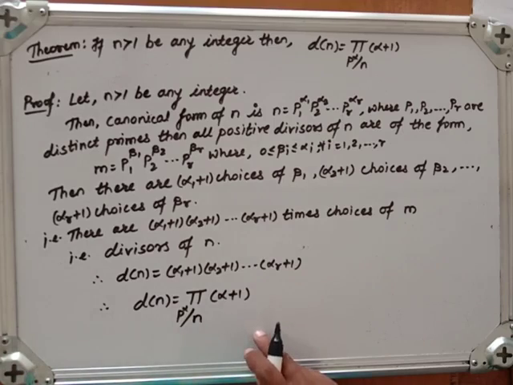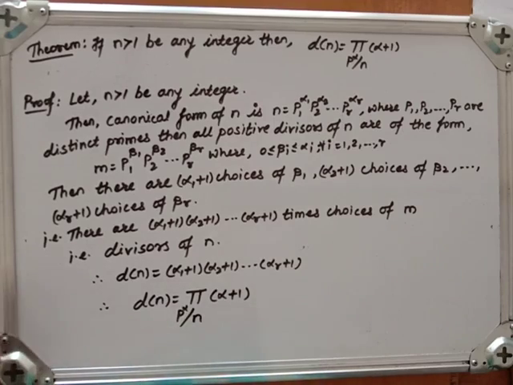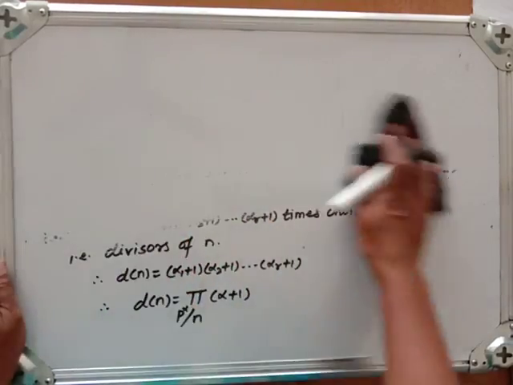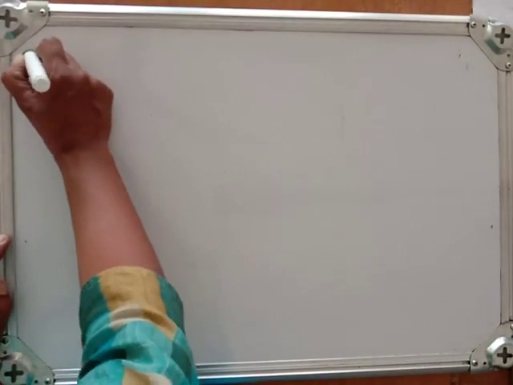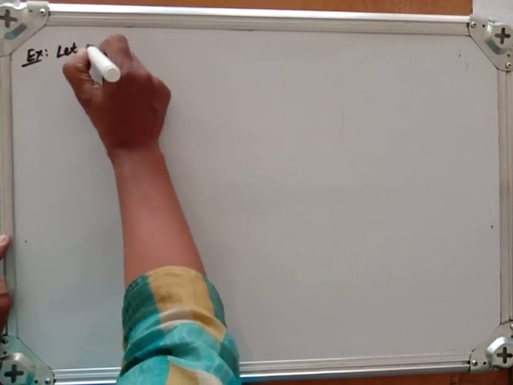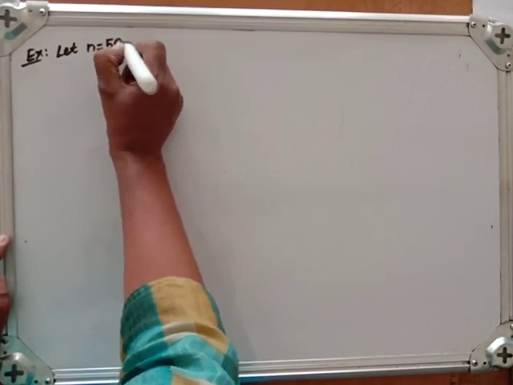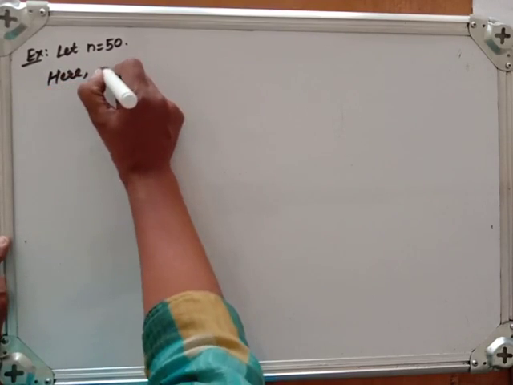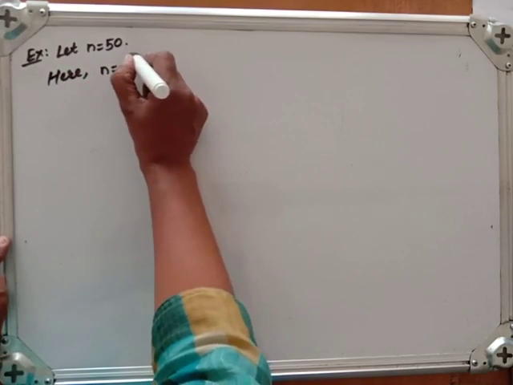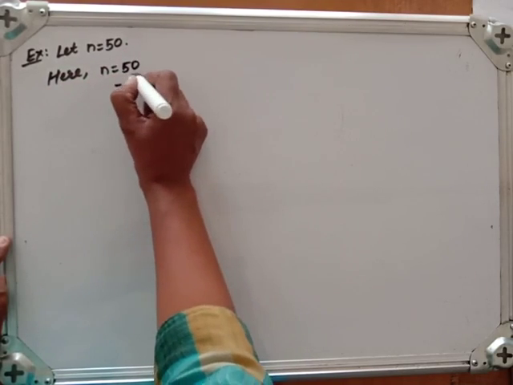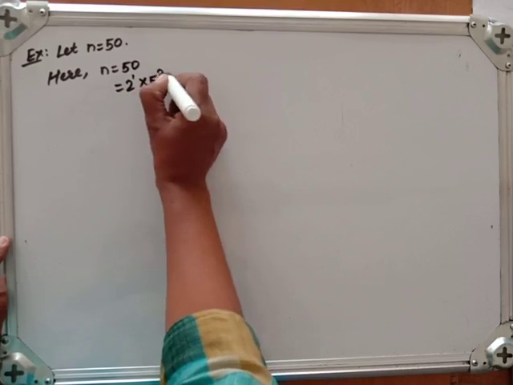Now let's see an example on this so that it will be clear to you. Example: let n equal 50. Already we had taken it. So n equal to 50, and that is equal to 2 raised to 1 into 5 square.